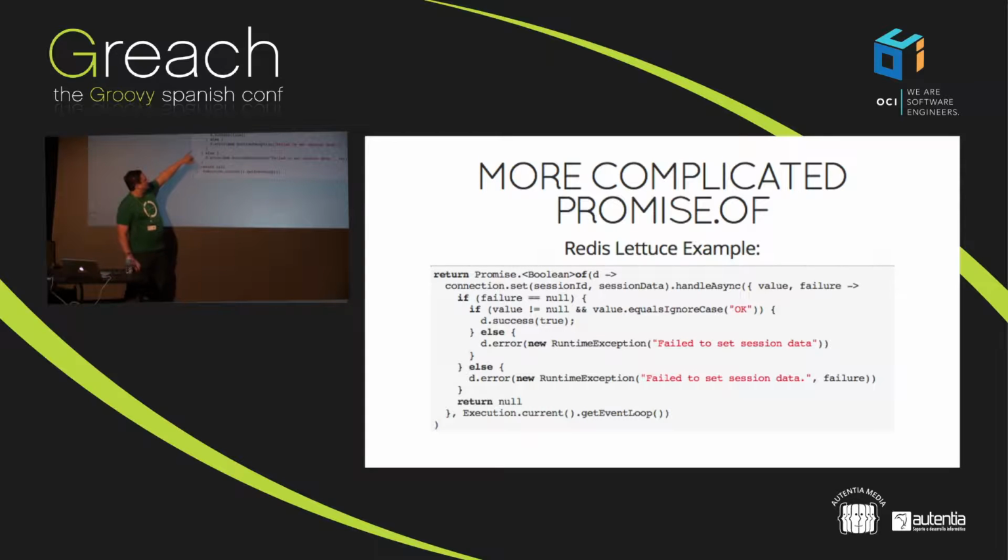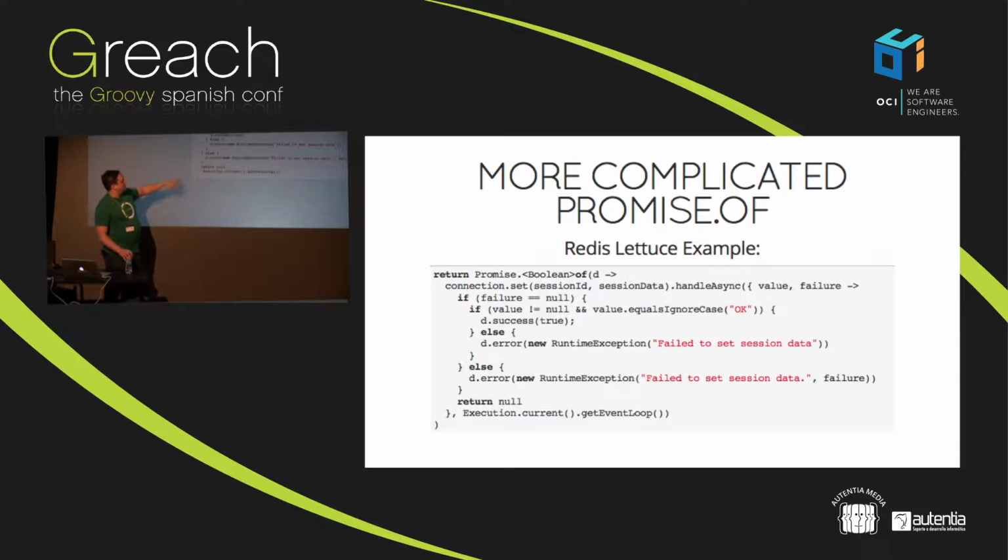And so what you'll see is we do the handler async, and all of this is inside of the Promise.of. This Promise.of is basically giving us something that we can call d.success on, and we're just saying, yep, everything worked, true, because this is just going to be a Boolean of whether or not this particular operation, which is a Cassandra set operation, worked or not. There was no other information we wanted to return.